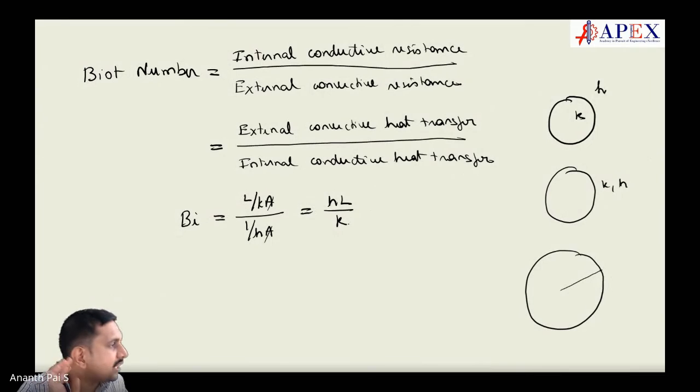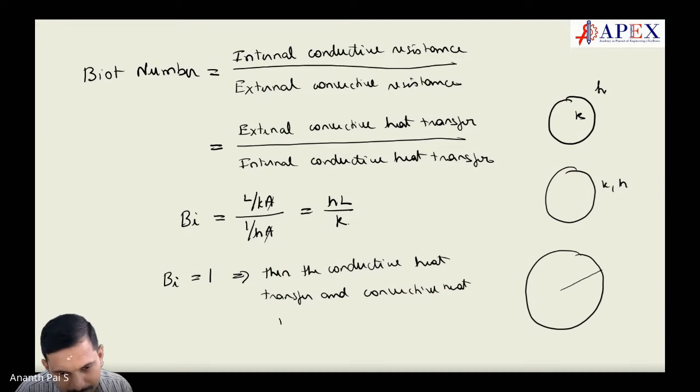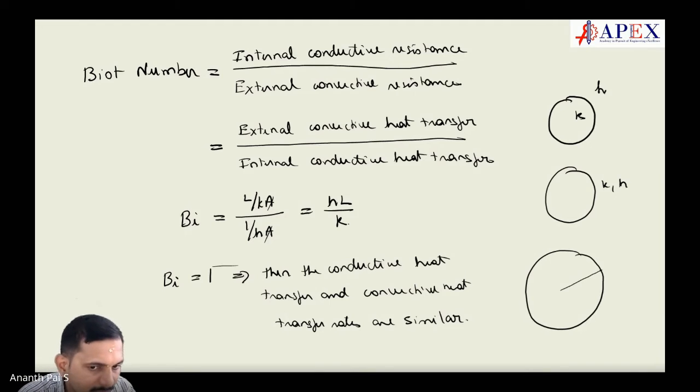So it's an interplay between H L and K. That is why if Biot number is equal to 1, then conductive heat transfer and convective heat transfer rates are similar.